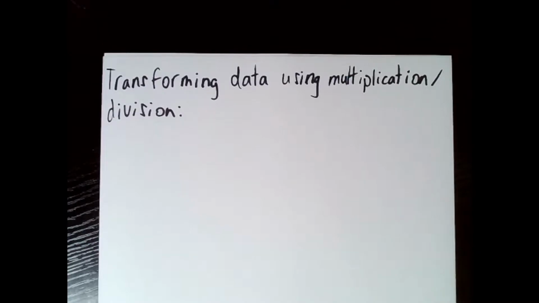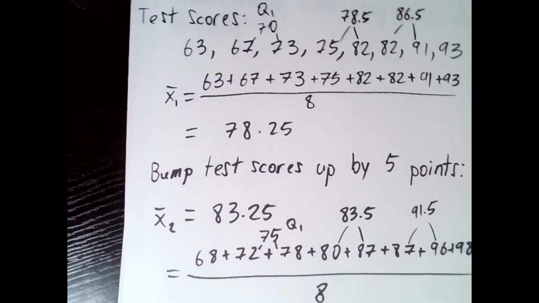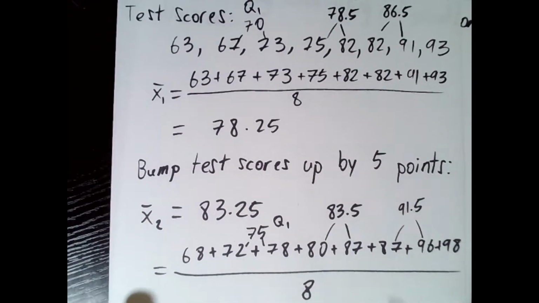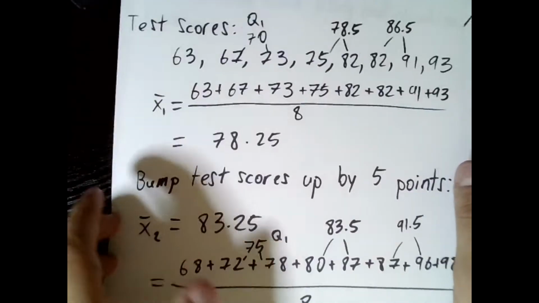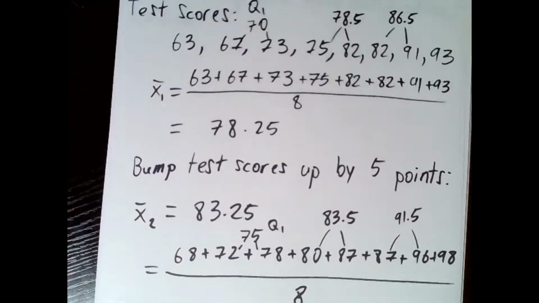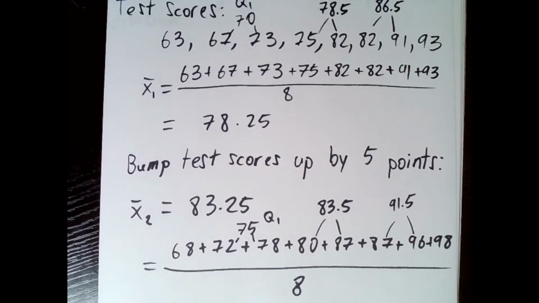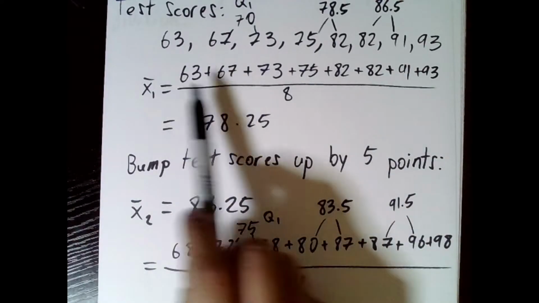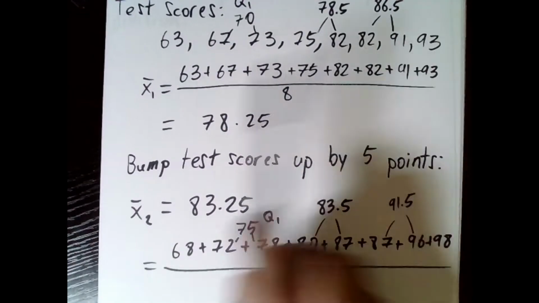So if we look back real quick at these two data sets that we transformed by addition, where we just added 5 to the original data set, you'll actually notice that the range of the data set is exactly the same, right? So the range in data set 1 is 30, maximum minus minimum.